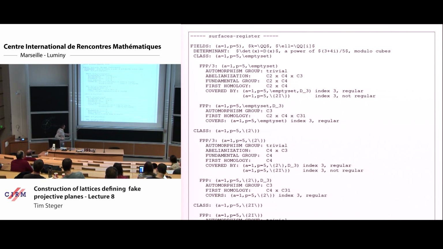So the first item here tells us what the two fields K and L are. The A equals 1 tells us that the two fields are supposed to be Q and Q(i), with i being the square root of -1. If it was A equals 2, it would be the square root of -2.